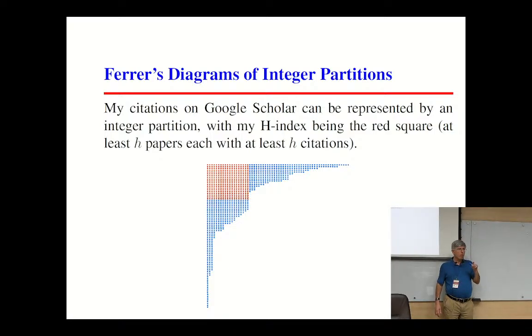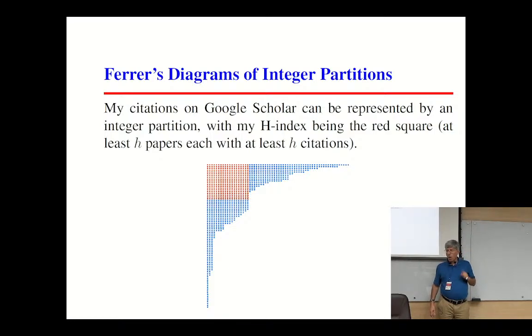What is my H index? H is the value such that I've had at least H papers which have each had at least H citations. If I wrote 10 papers that each had 10 or more citations, my H index is 10.